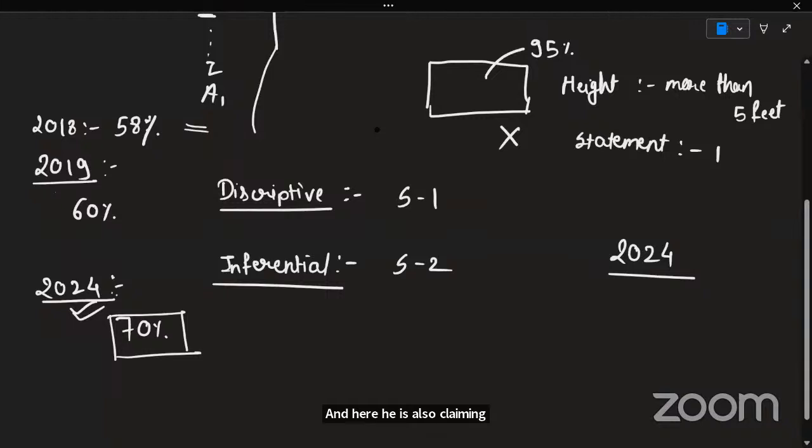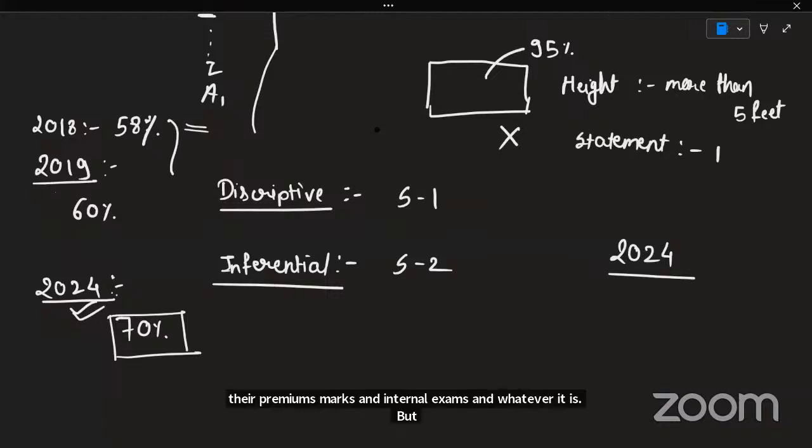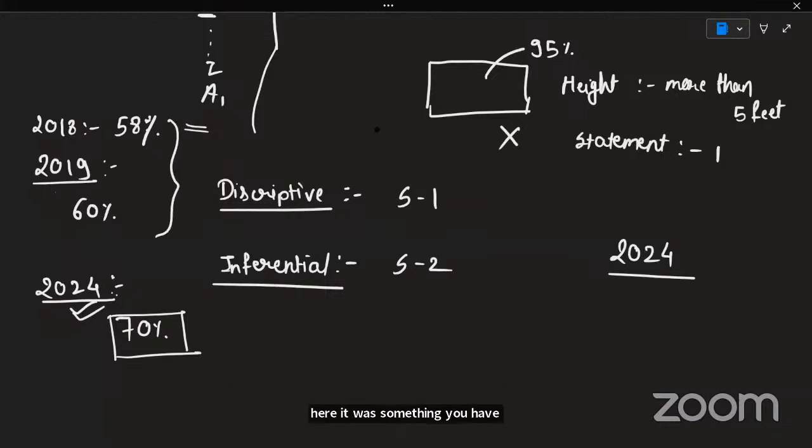Then what kind of thing is this? This is nothing, right? Because it may be possible that he is only observing their students, their prelims marks and internal exams, and claiming something. But here you have studied the previous data, you have studied this batch also, and then you are claiming something. That is what comes under inferential. Fine. Yes, ma'am. Thank you.